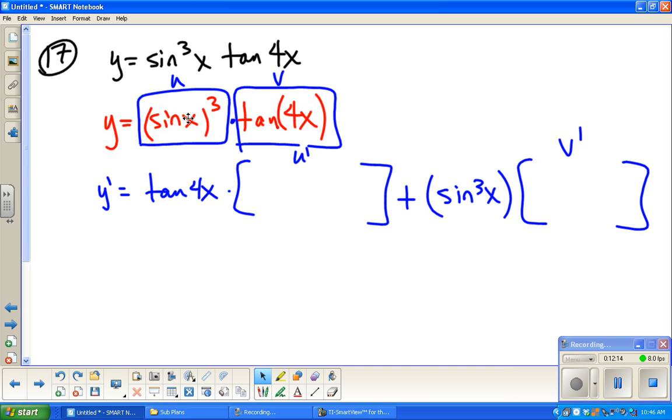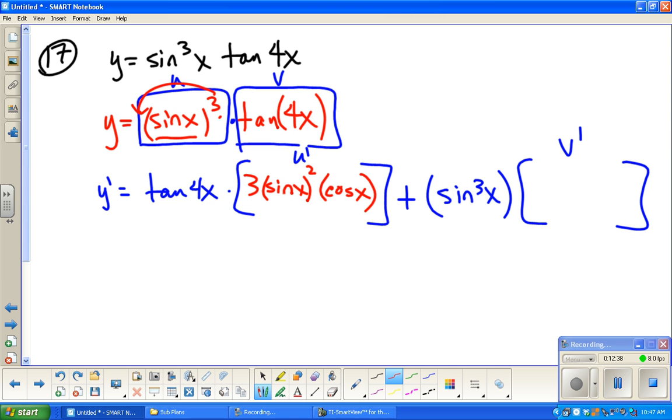Okay, so the question then is, what's u prime? And this is, again, back to chain rule now, because this is a sine of x inside a cube. So I'm doing a power rule. Keep the inside the same, raised to the second power, times the derivative of the inside. Derivative of sine is cosine.